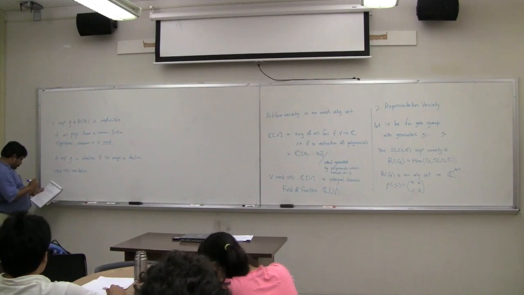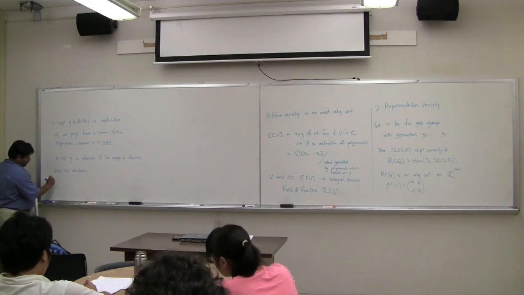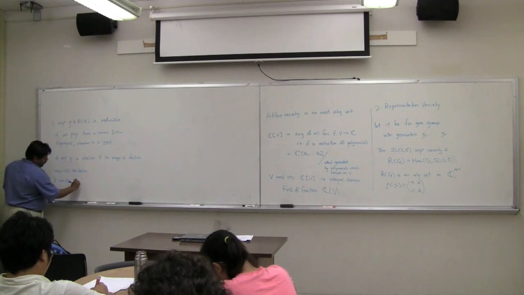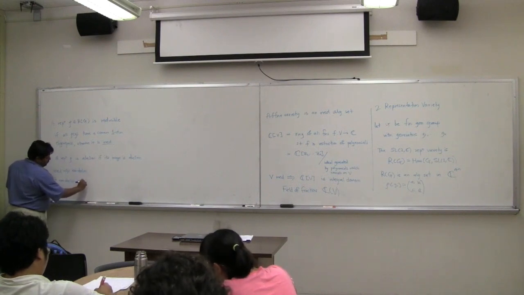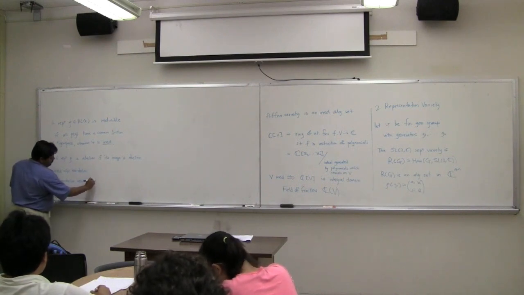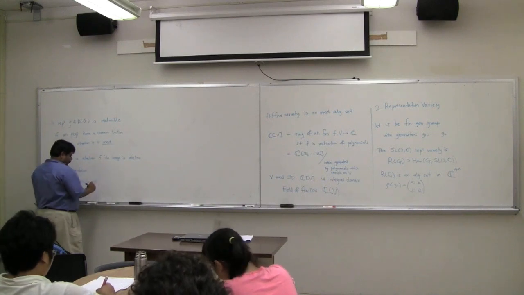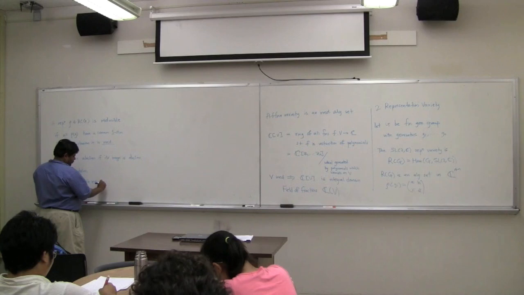But there exist non-abelian reducible representations. And in SL2C, these are called meta-abelian representations.